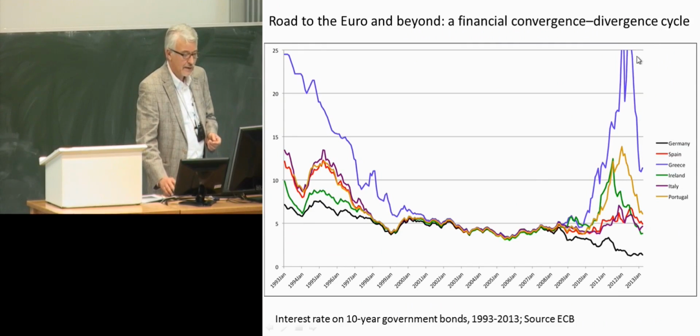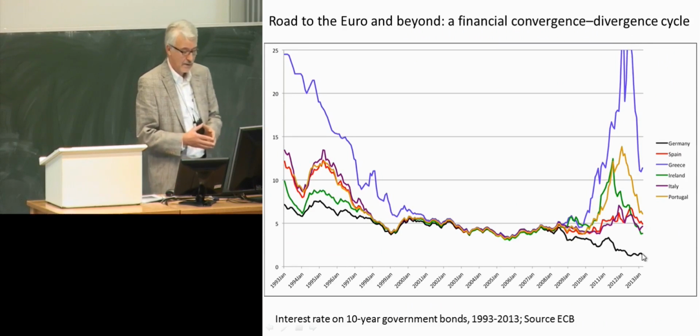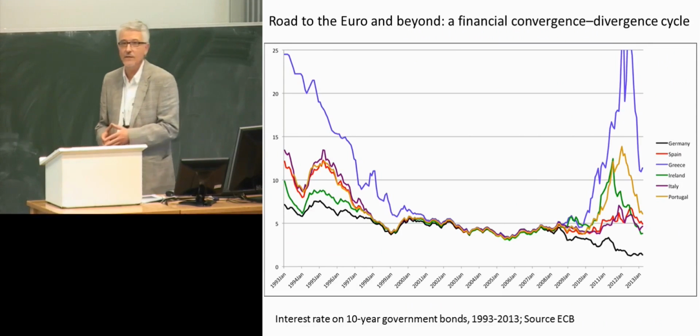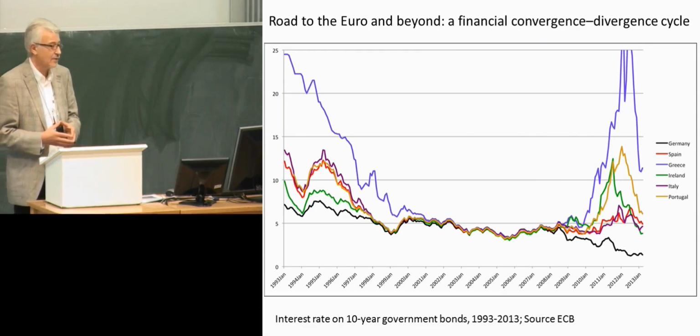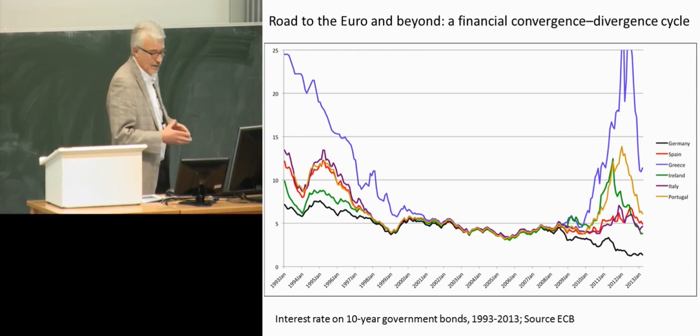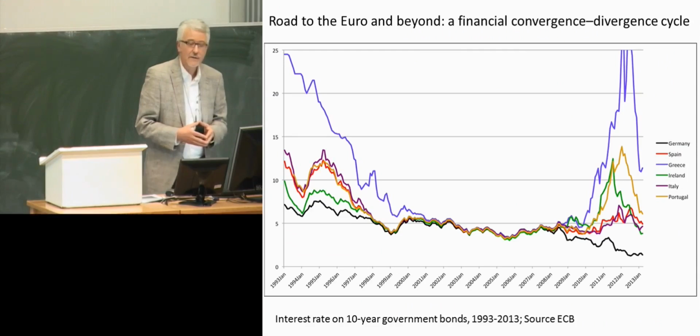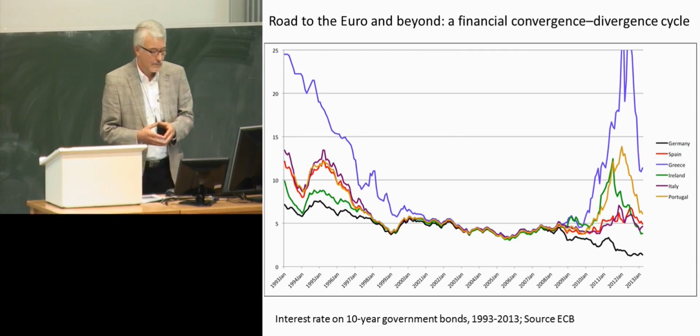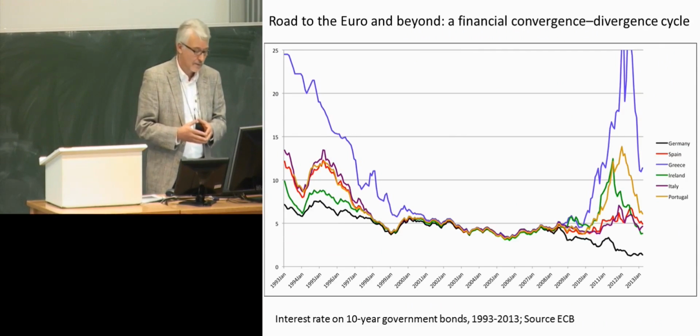In Greece, interest rates rise again to the skies, they rocket. And in Germany, interest rates decrease almost to zero. So Germany gets cheap money, Germany can invest based on cheap money, whereas Greece is very much strained by high interest rates, can't repay its bonds, and has to be rescued.